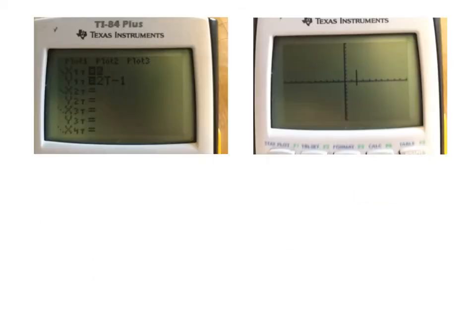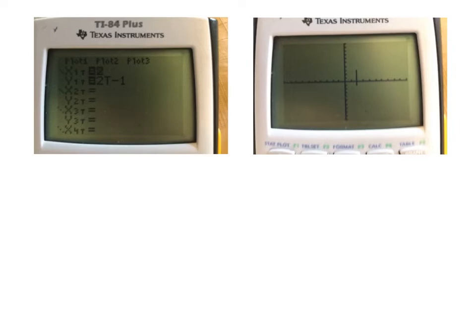Now let's create a vertical line where x is equal to 2 and y is equal to 2t minus 1. Notice if you graph that on your viewing window, and always feel free to pause this so you can complete those steps, you'll see a vertical line where x takes on the value of 2 for t defined from 0 to 2 in steps of 0.1.